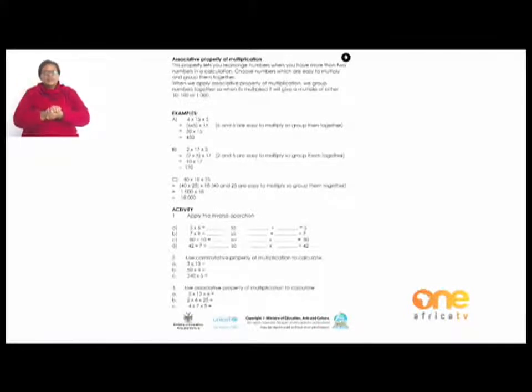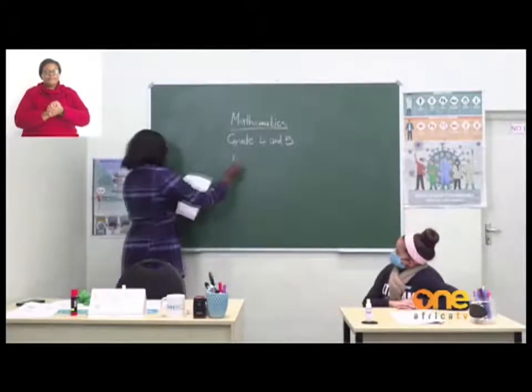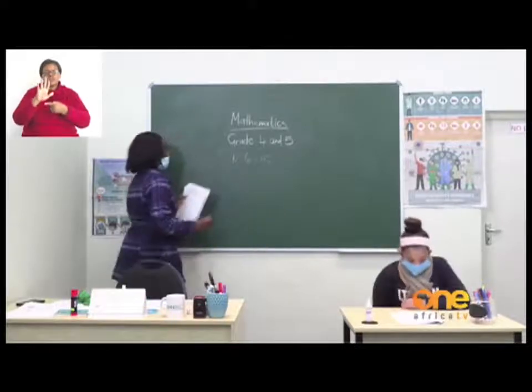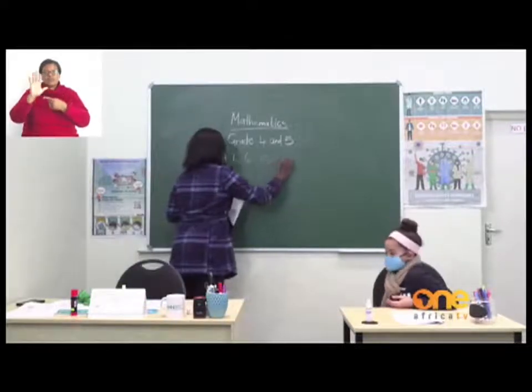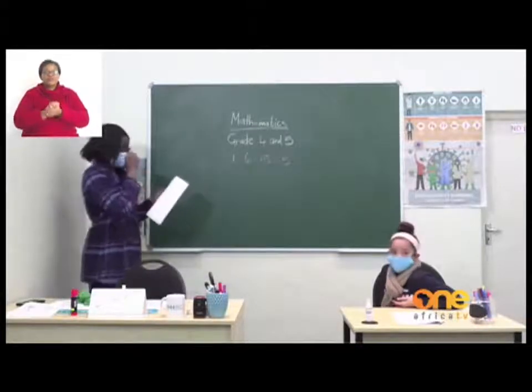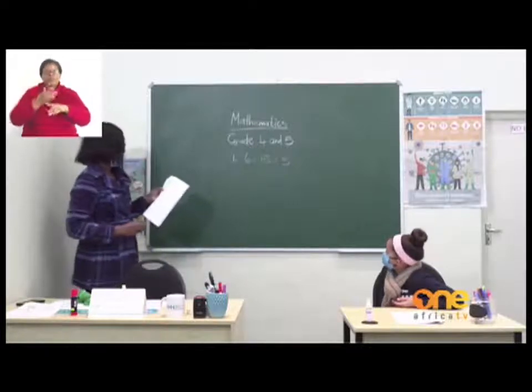Boys and girls, let's get on board with the first example. For example, we have 6 times 15 times 5. Good. We have to apply associative property of multiplications. Good.